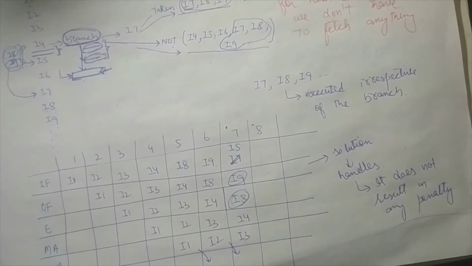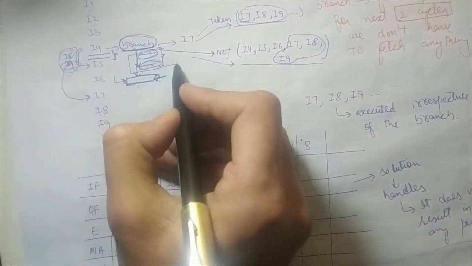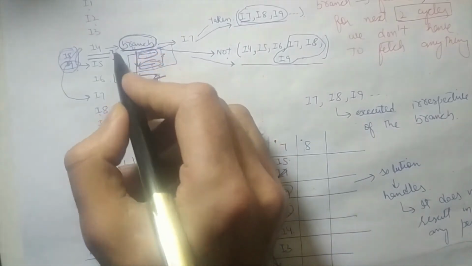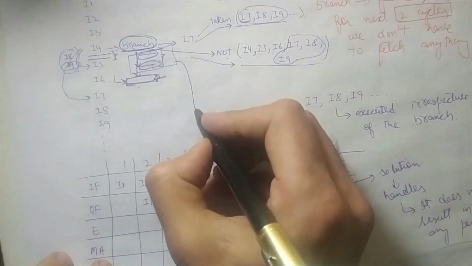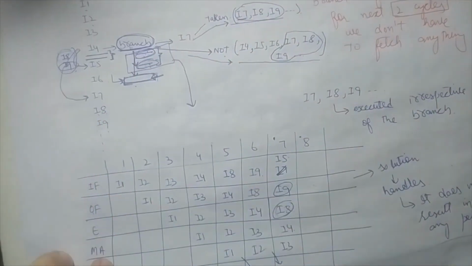But the only thing that our compiler has to do is that it has to find these 2 instructions, the instructions that are independent of the outcome of this branch. Okay, that is the only job that the compiler has to do. But the limitation is that for the compiler, it is not always possible to find these 2 instructions.